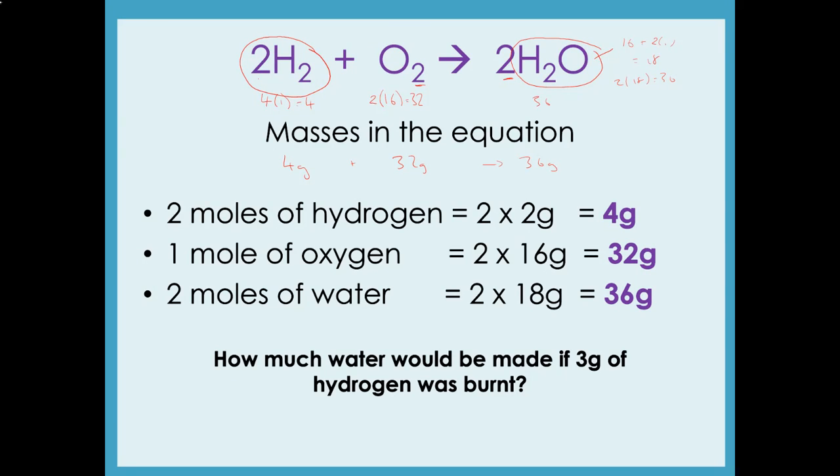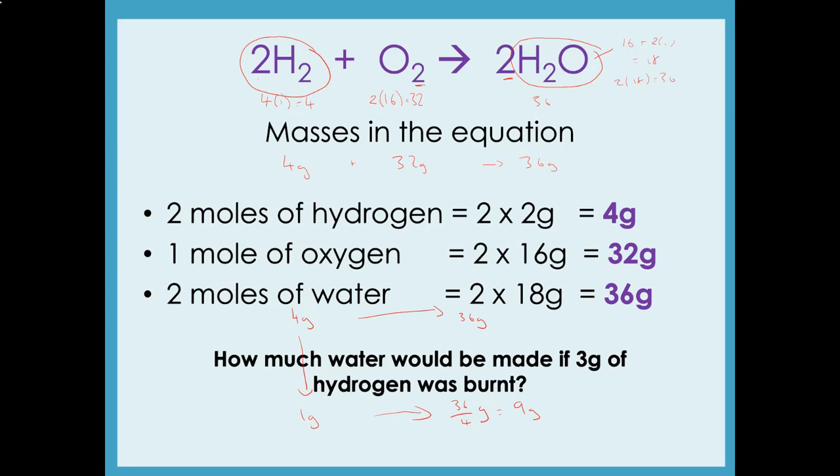So we can use this to work out how much water would be made if 3 grams of hydrogen was burned. So from these ratios, 4 grams of hydrogen gives us 36 grams of water. So I can use ratios. If 4 grams gives me 36 grams, 1 gram is going to give me 36 divided by 4 grams, which is going to be 9 grams.